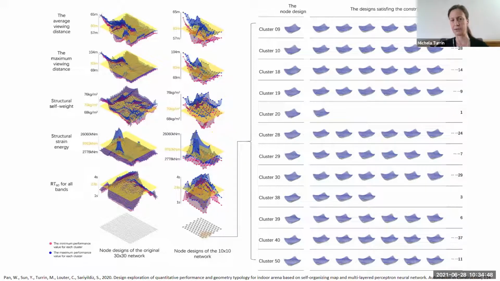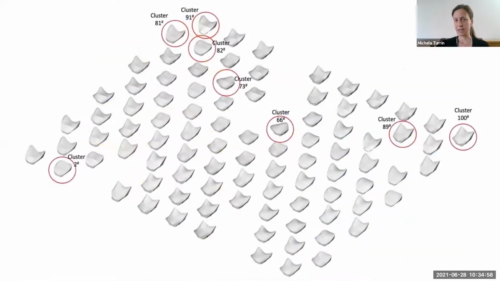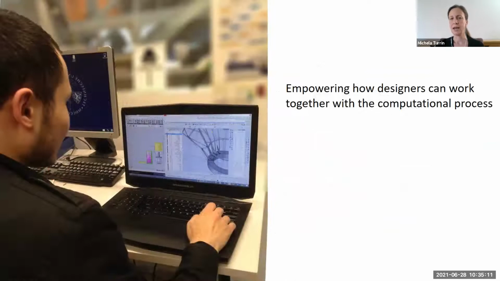Again, that is a part that could be changed depending on which specific design problem is being tackled. The idea here is really guiding the designer, letting the designer decide which aspect is more important for the exploration, and empowering this collaboration between what is a decision that is still up to the designer, and the way in which the computational process can assist the designer in making those choices.